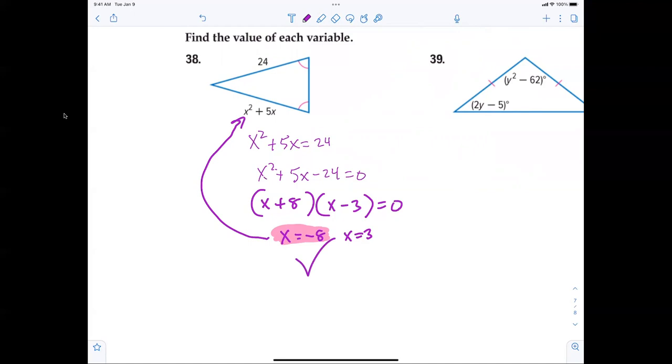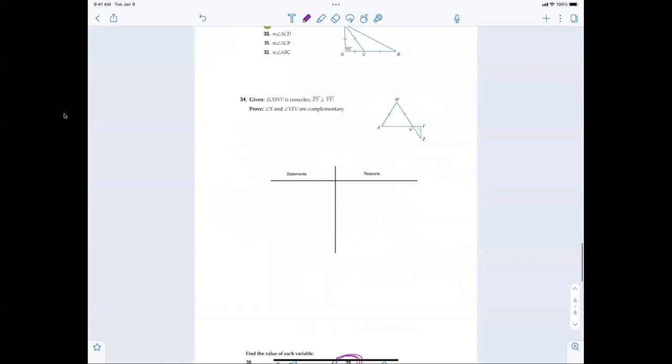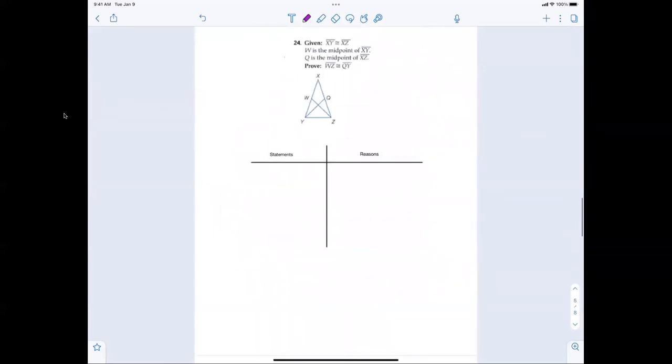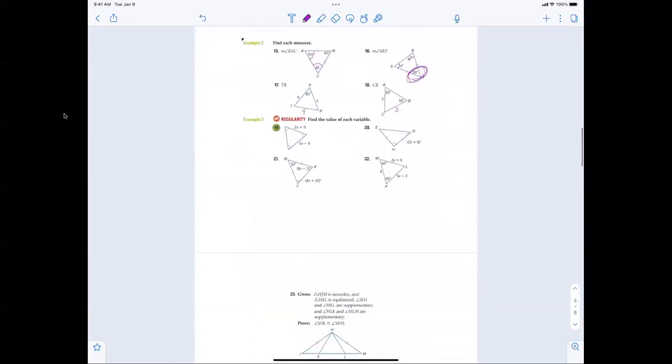And the 3, 9 plus 15 is 24. Does everybody agree that works also? Everybody's good on that? All right, since we reviewed that, I need everybody to do 39 on your own. That's another quadratic, just set it equal to zero and factor, those kinds of things. Everybody's good with this? All right, now let's see if there's anything I can help you with as far as these proofs go.